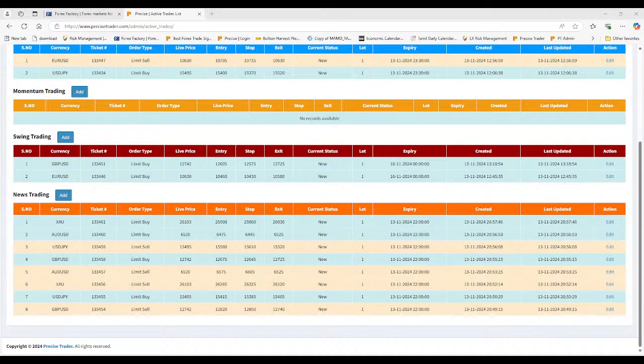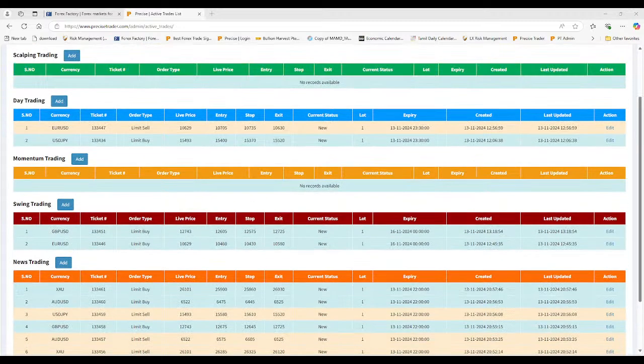On the euro dollar, I think we are trying to sell on the daily at 107.05, but we don't have any buying order. I think we can put in one buying order in the event that the data comes out strong.